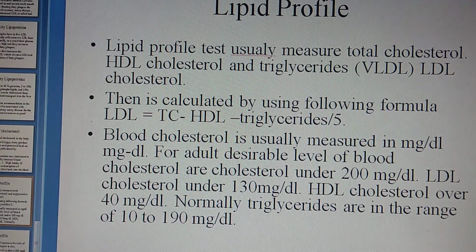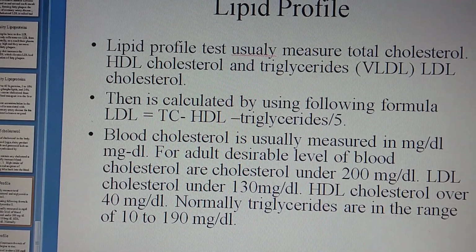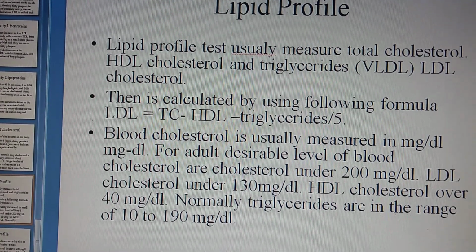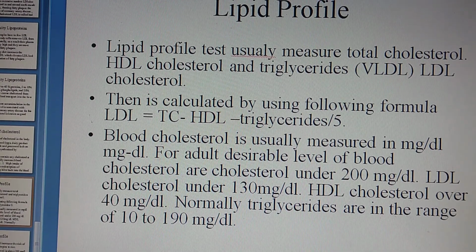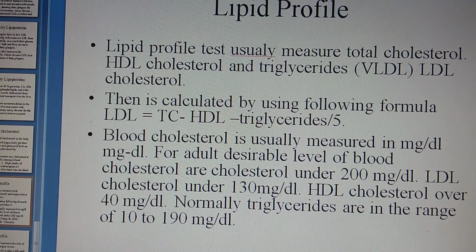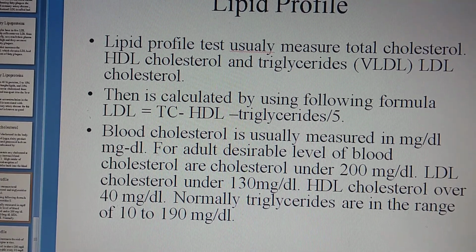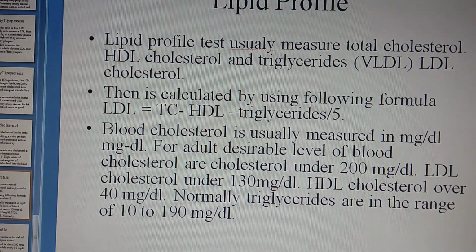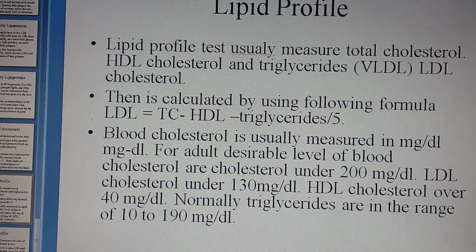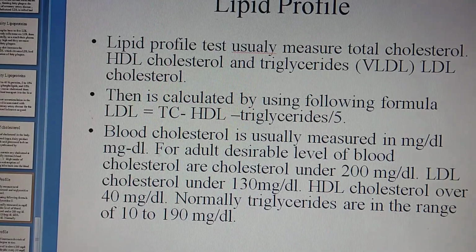Lipid profile is an important test which gives many conclusions about lipid metabolism. Lipid profile tests usually measure total cholesterol, HDL cholesterol, triglycerides, which means VLDL, and LDL cholesterol. LDL is then calculated using the following formula: LDL cholesterol equals total cholesterol minus HDL cholesterol minus triglycerides divided by 5.